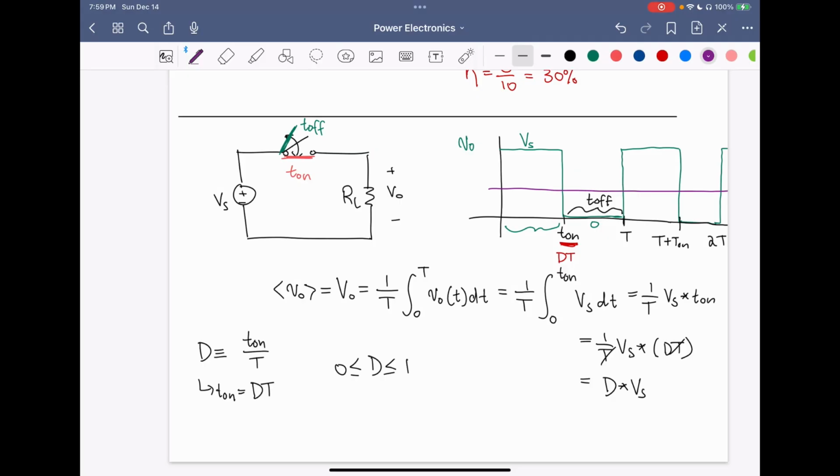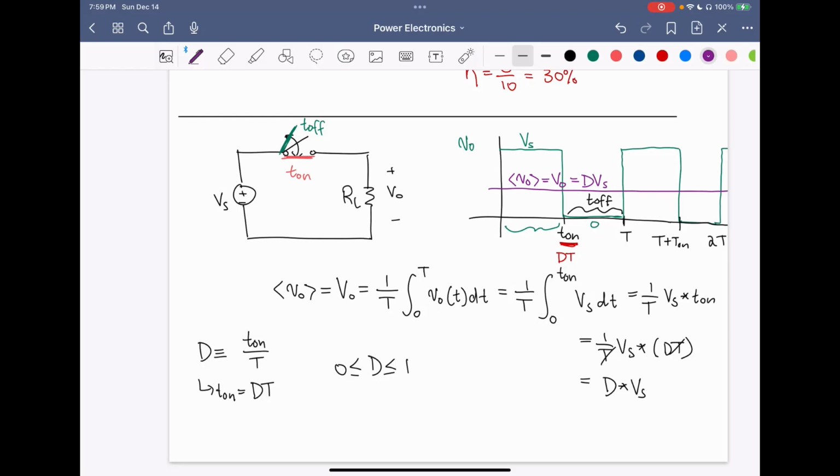So VO equals D times Vs. We have found that we can use this so-called DC chopper to take a DC voltage and chop it up into pieces with duty cycle D and get a DC component at the output that is smaller.